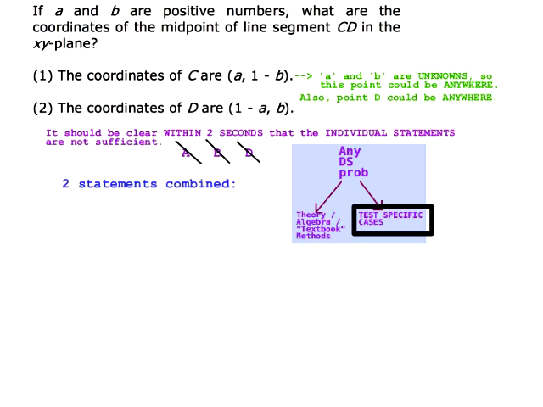So we know that C is the point A, comma, 1 minus B. And we know that D is the point 1 minus A, comma, B. Okay.